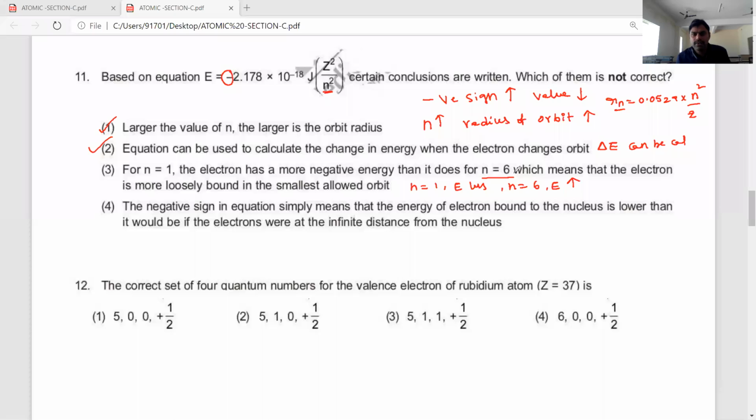Now, if n is equal to 6, the electron is more loosely bound. The smallest allowed orbit indicates what?